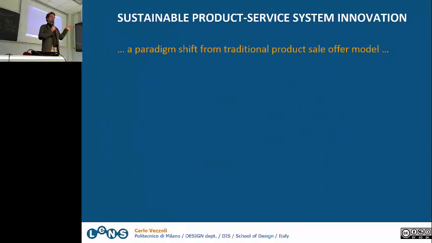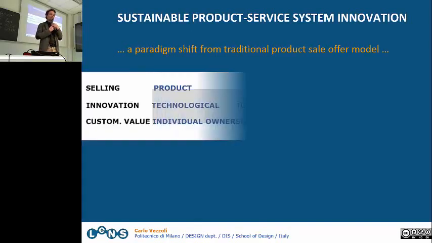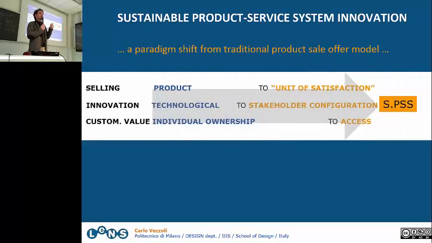if we look at the traditional business model where we are selling product, the paradigm shift is defined, I was highlighting three changes in the business offer. One is that we move from selling only product, all right?